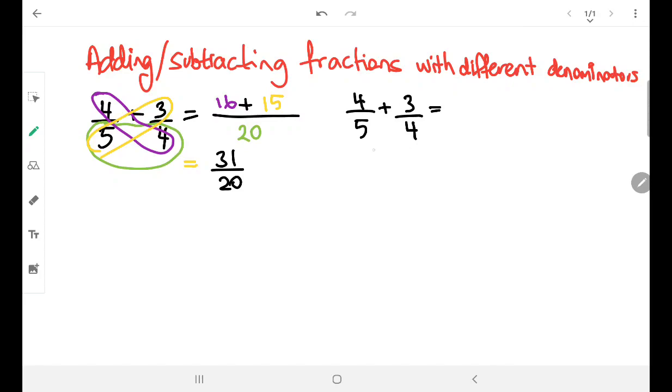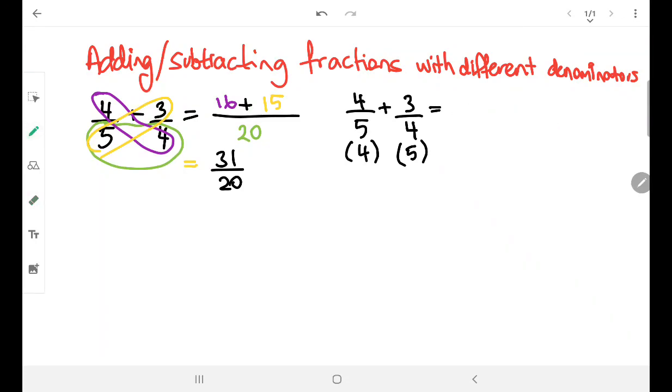But to make things a bit easier, what we can do is multiply, and I'm going to put this in a bracket here, the first fraction by 4 and the second fraction by 5. And then when we multiply those denominators, we're going to have a denominator of 20. So we can see that we do have a denominator of 20, so therefore we can actually add these two fractions.